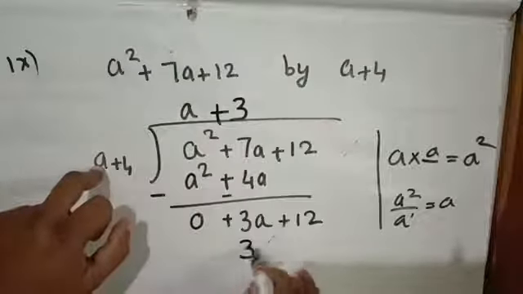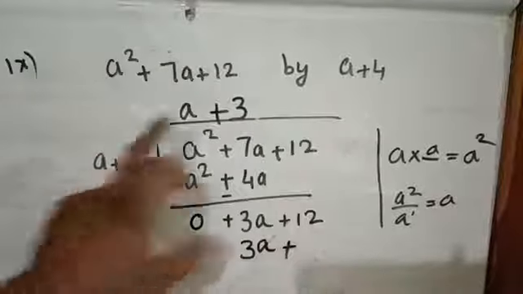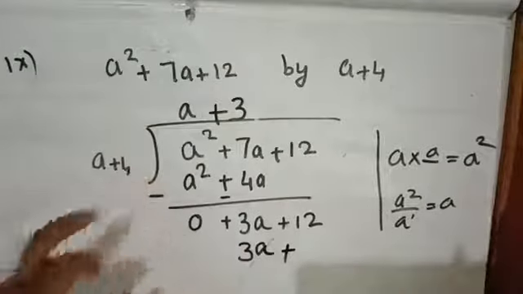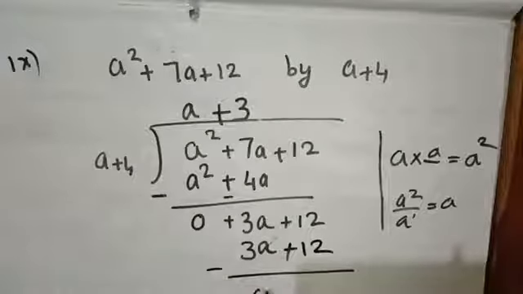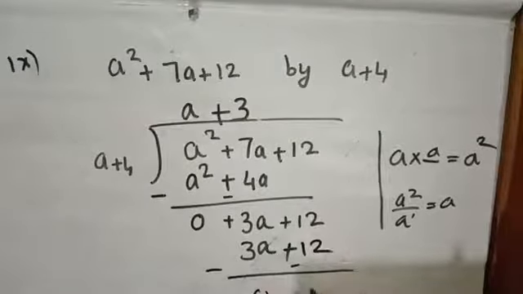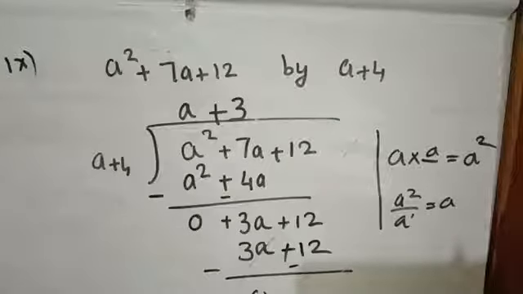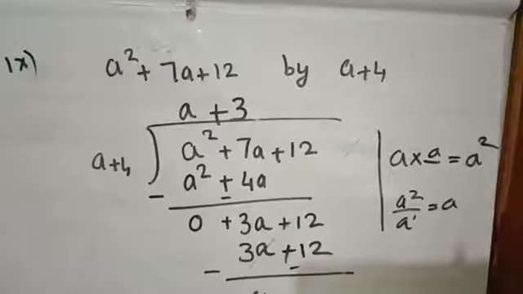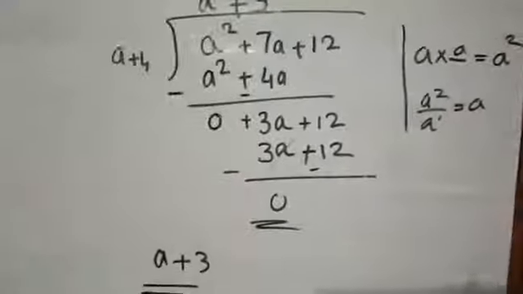Each and every term should be multiplied. 3a minus 3a is 0, 12 minus 12 is 0. So the answer is a plus 3.